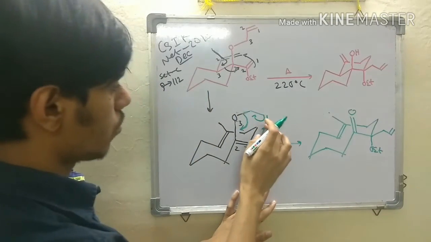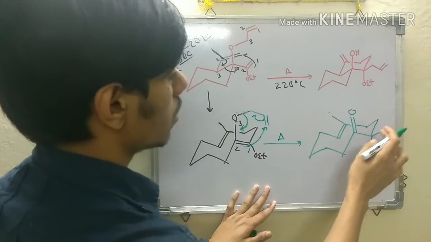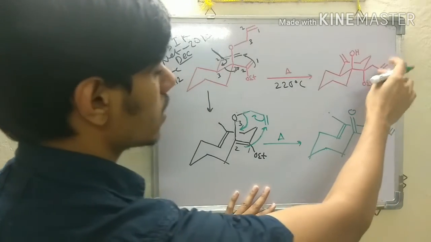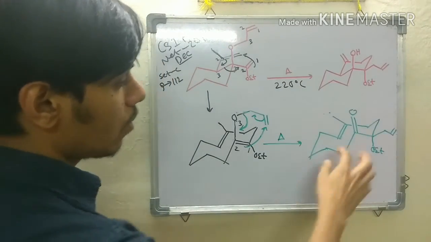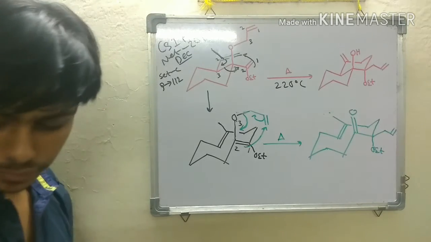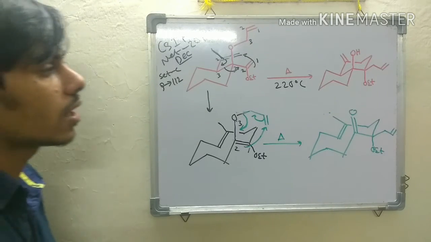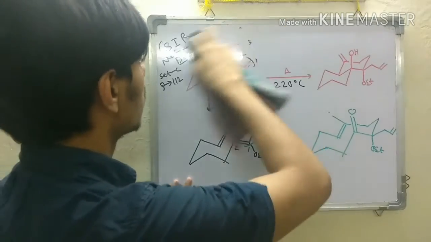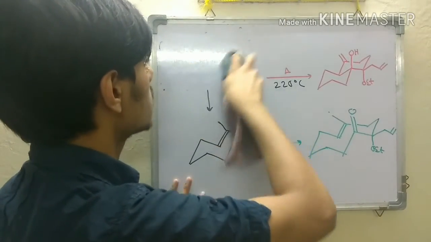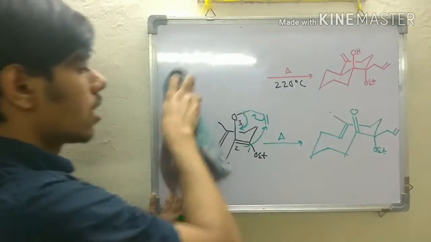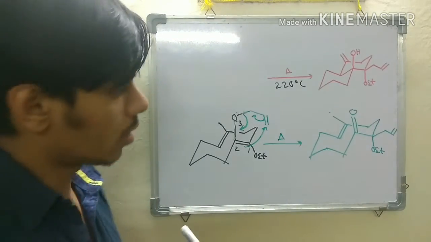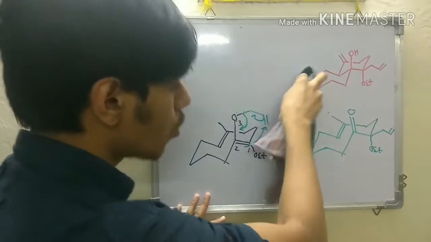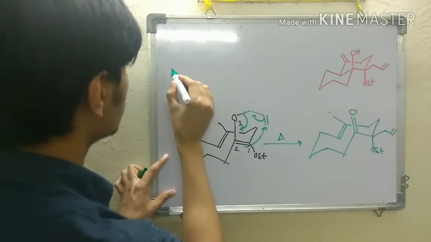So this is 1 2 3, three carbons, and 1 2 3, three carbons. So this part is complete. Now a bond is forming over there. You finished two parts, first the Cope rearrangement and then the Claisen rearrangement.